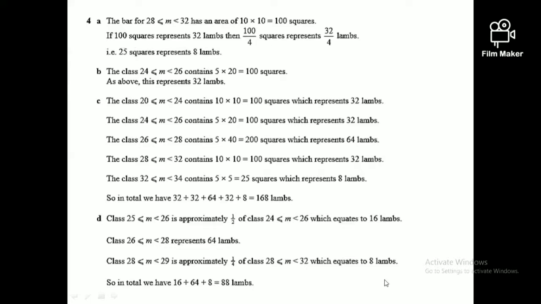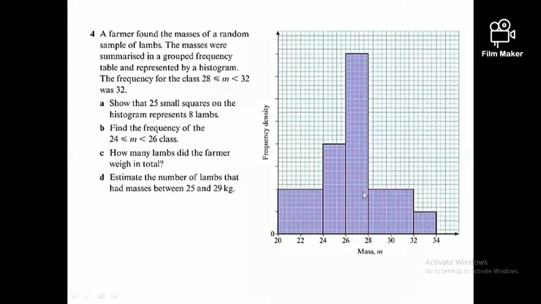Over here, 100 boxes represent how much information? 32. 100 boxes represent 32.